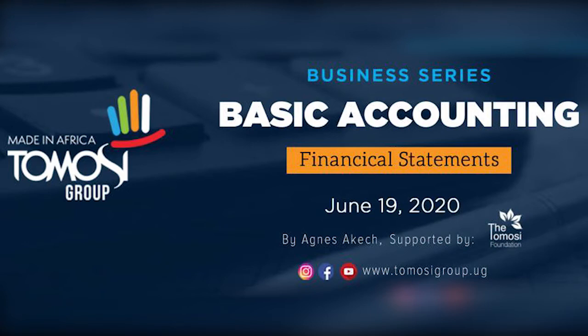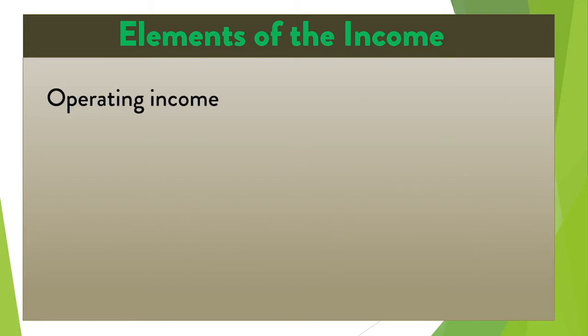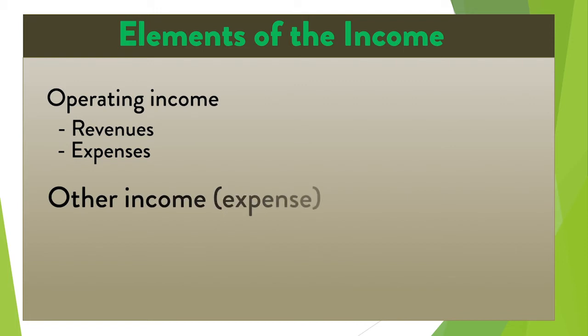Revenues is broken down further. We have operating income and other income. Operating income here means these are the direct sales that arise out of the activities or the services or goods supplied. Other income, these are like a by-the-way income that you've gotten not because you've transacted on the core business that you conduct.